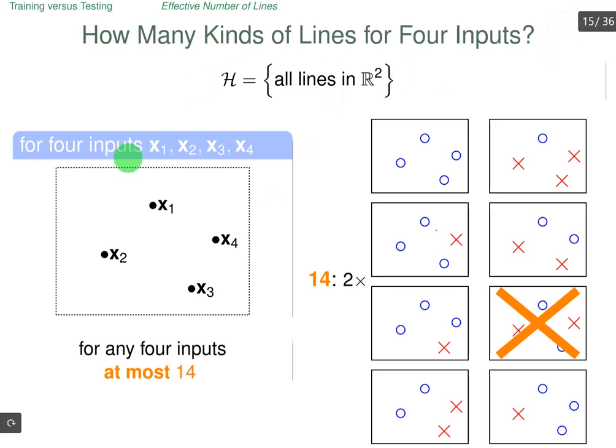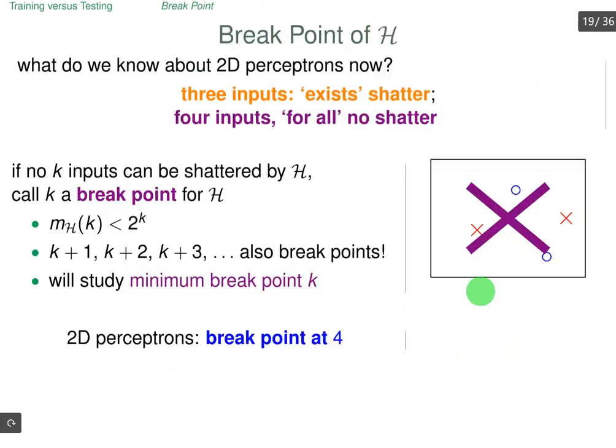However, in slide 15, I have shown you 4 points, and perceptrons will have difficulty providing these labels in specific cases. So perceptrons cannot shatter 4 points. They are limited only to these labels, but in two specific cases they are not able to provide these labels. So we have 14. If perceptrons or linear functions were able to shatter all of these, we should have all 16 possible label combinations.